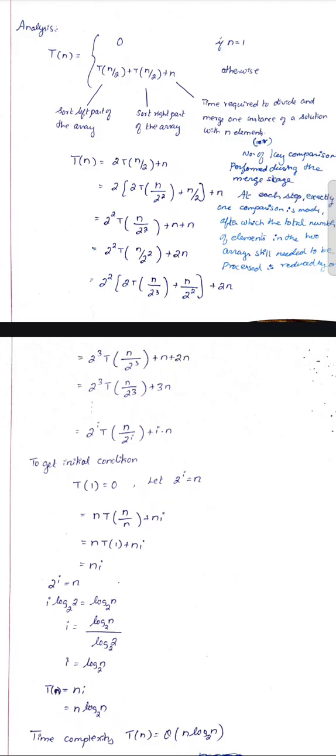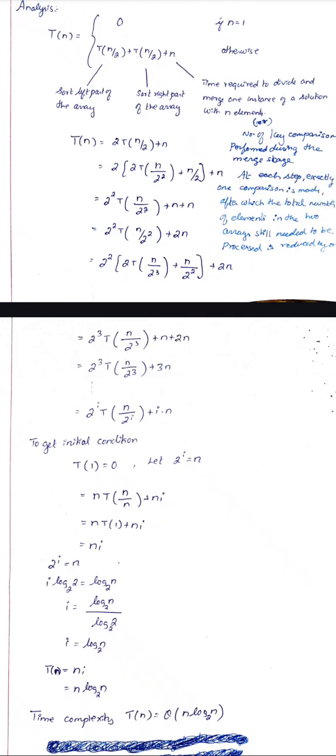2T of n by 2 plus n. 2 of T of n by 2 is 2T of n by 4 plus n, so we have 2 square T of n by 2 square plus n.